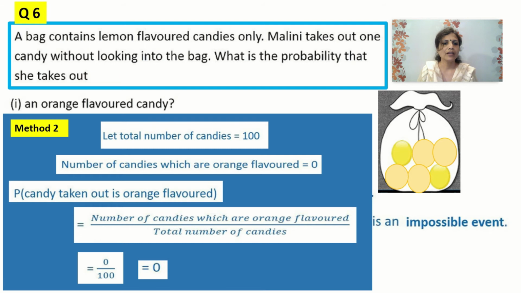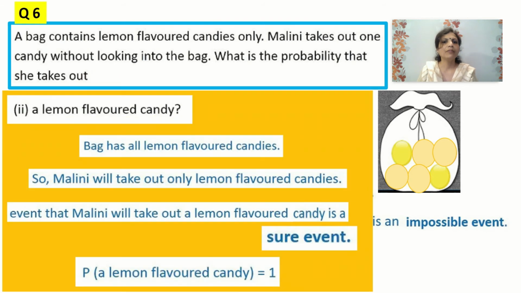Alright. Now the second probability you are asked is, what is the probability that Malini will take out a lemon flavored candy? Now see, the bag has all lemon colored candies. So Malini will take out only lemon colored candies from the bag.